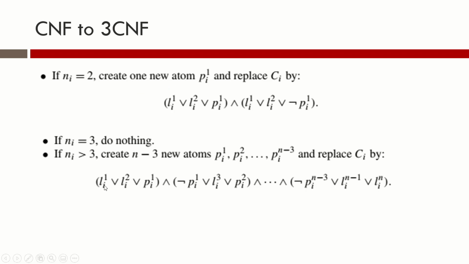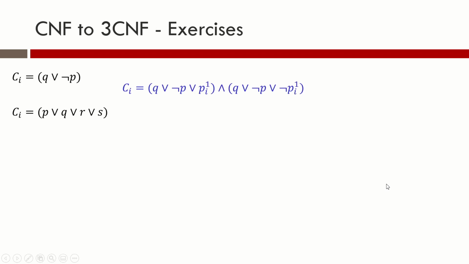See here, Li1 or Li2 or Pi1, and we have only one new atom introduced, so this will be negation Pi1 or Lin minus 1 or Lin. So that is the case here: P or Q or Pi1 and negation Pi1 or R or S.